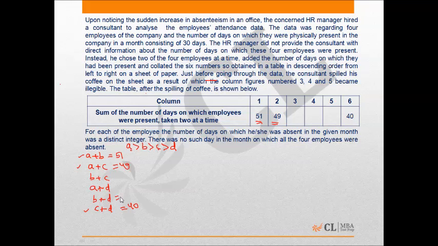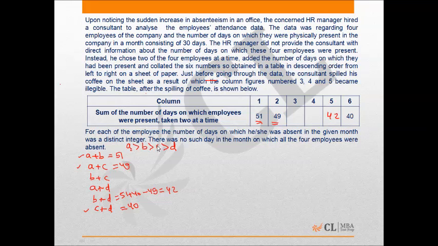So B plus D will come out to be 51 plus 40 minus 49, which is nothing but 42. So column number 5 has to be 42 because B plus D is the second highest number which can be obtained, and I am not sure about B plus C and A plus D here, right? So I am still left with 2 cases in this one.